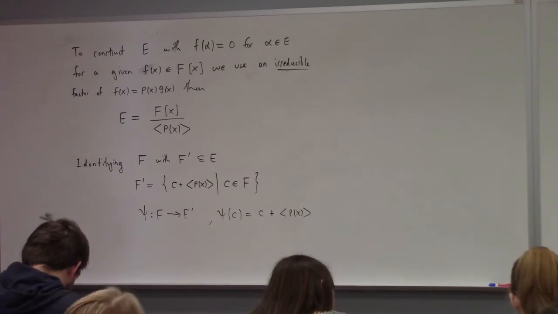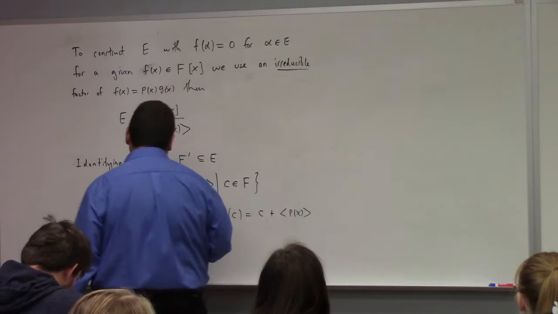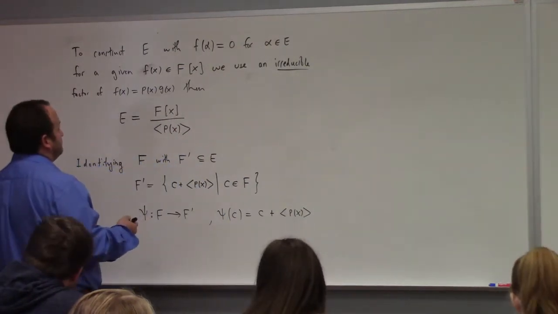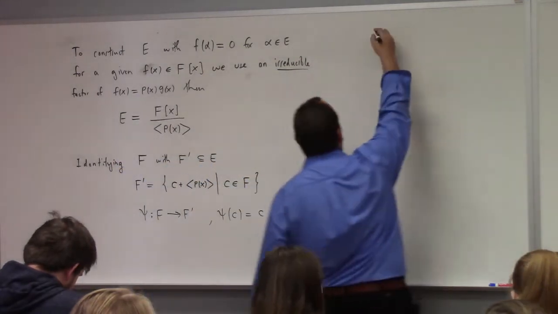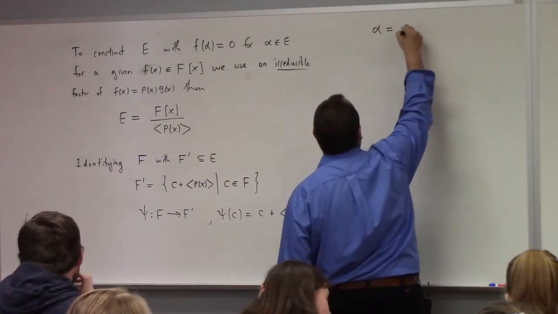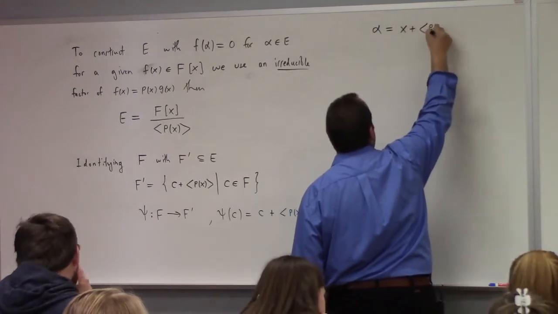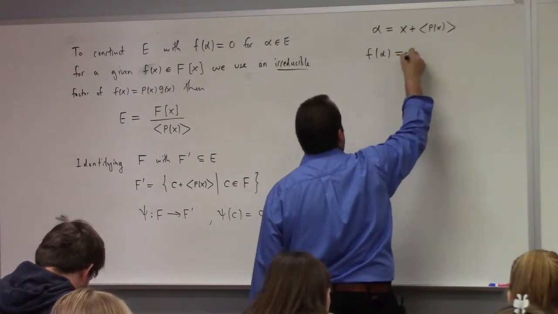So let's see here. There was more than this, though. What was alpha? Alpha was equal to x plus p of x, and we calculated that f of alpha is equal to 0.